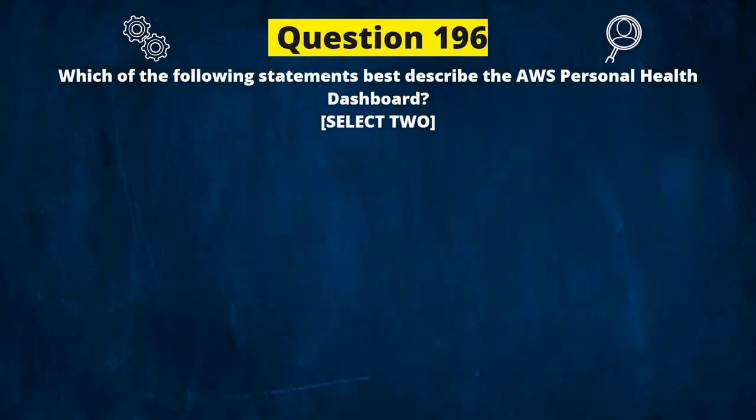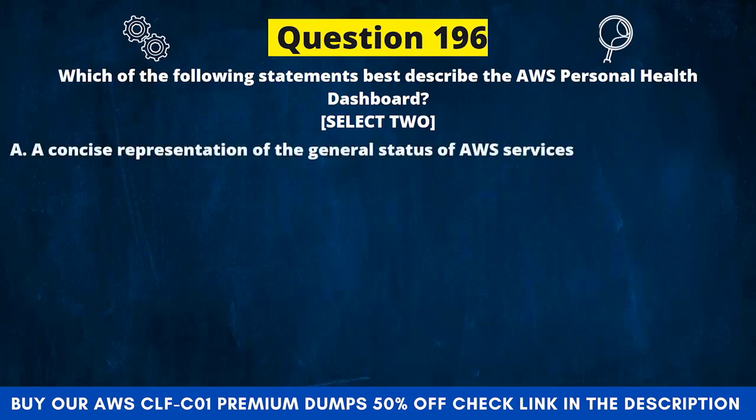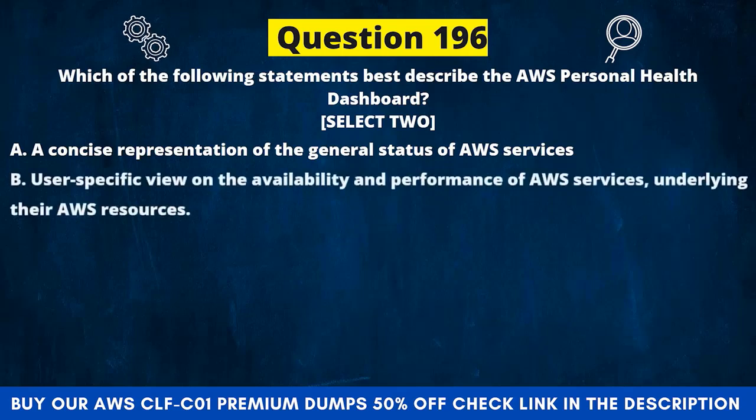Next question. Which of the following statements best describe the AWS Personal Health Dashboard? Select two options. And the options are A. A concise representation of the general status of AWS services. B. User-specific view on the availability and performance of AWS services underlying their AWS resources.